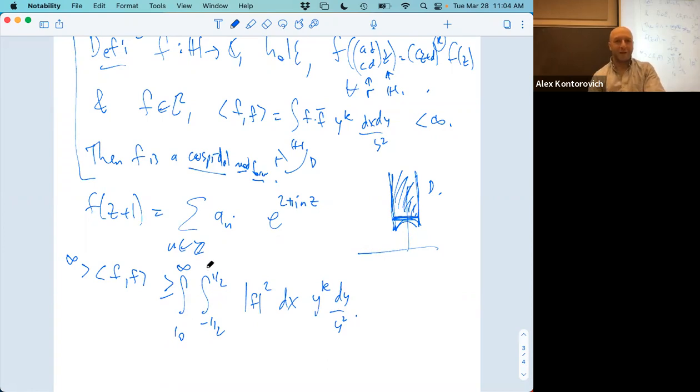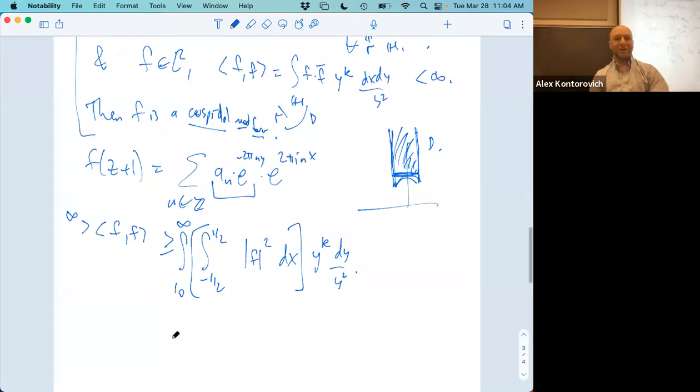Okay, now let's think about what this integral is. I have an expansion like this. Let me write this again as e to the 2 pi i n x times e to the -2 pi n y, just to illustrate this point. So what is Parseval's identity? Parseval's identity is that the Fourier transform is an isometry.